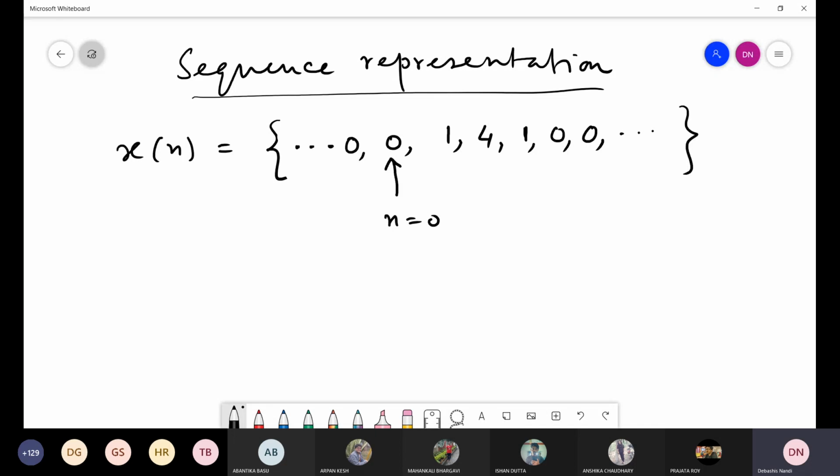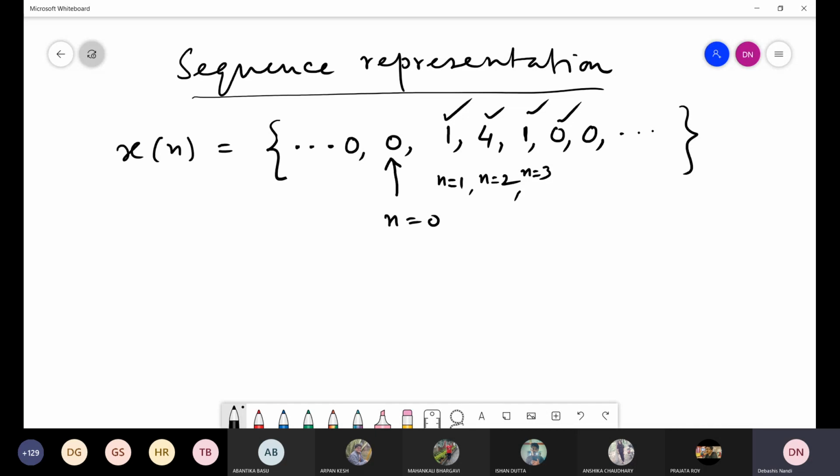So this value 0 is the value of the signal at n is equal to 0. This value is for n is equal to 1, this for n is equal to 2, this for n is equal to 3, this for n is equal to 4, and so on.